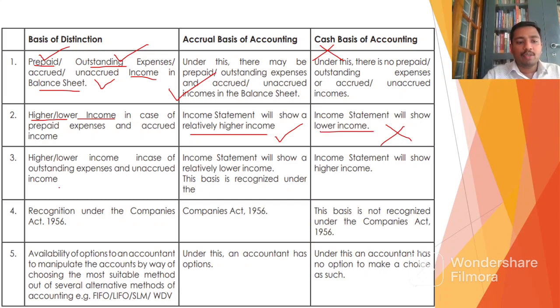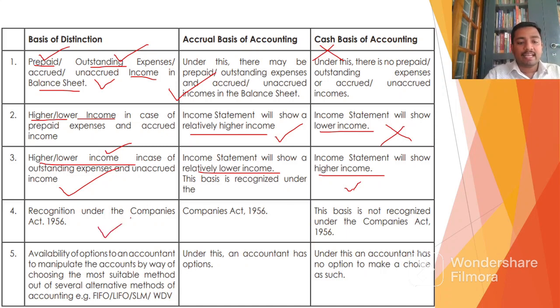And what about outstanding expenses and outstanding income when related to higher or lower income? Definitely there will be relatively lower income, because the money is not actually received. Here the income will be generally high, because whatever is received is received in the form of cash, therefore the income will be true income.